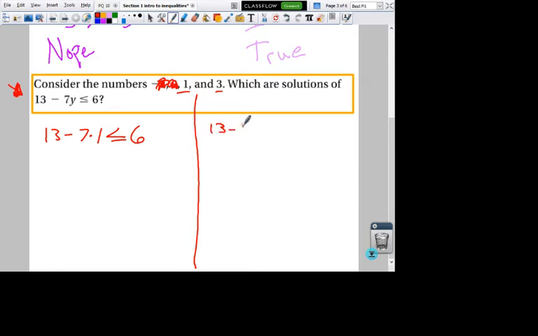We're going to have 13 minus 7 times 3 is less than or equal to 6. So if you're confused, remember, these are 2 separate problems. For the first problem, we're going to plug in 1 for y. For my second problem, we're going to plug 3 in for y. So you're going to get 2 separate answers. They're not related at all. They're completely separate.